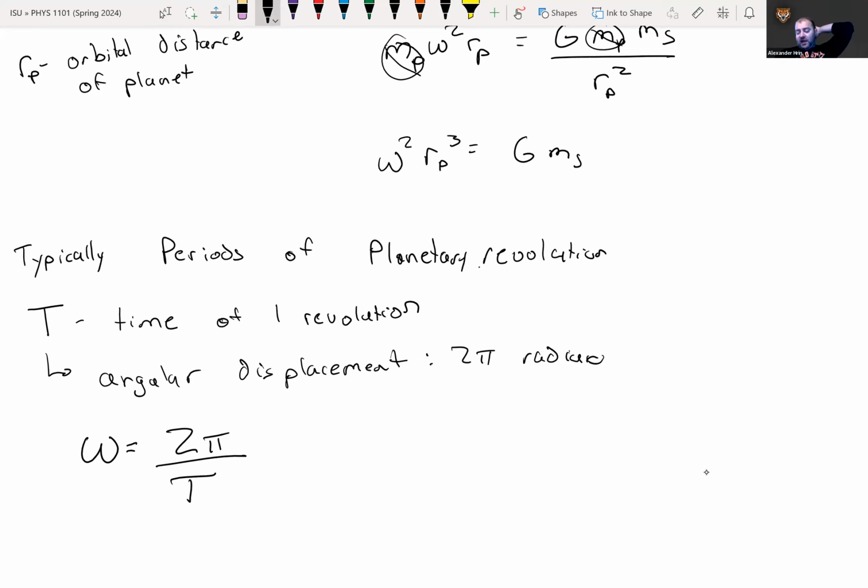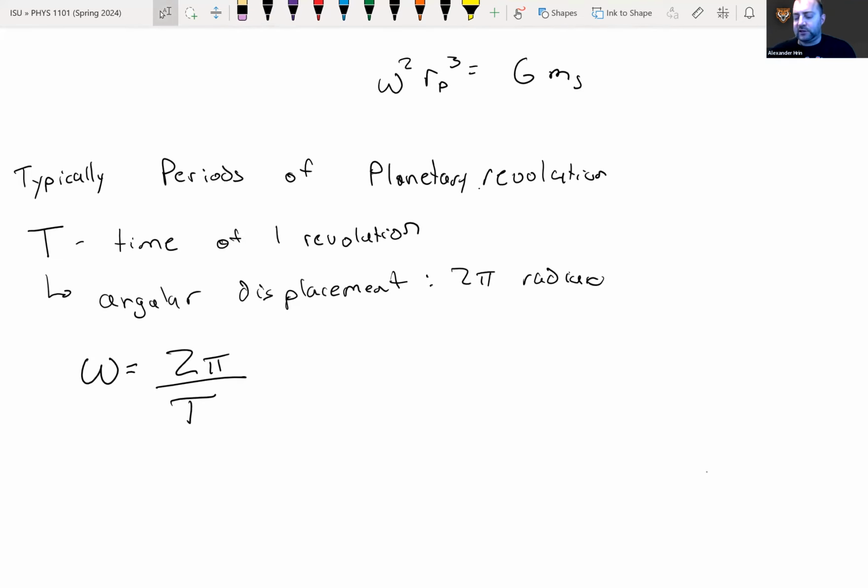And this comes back to things that we can measure about planets and things that were well known by astronomers. So subbing this in, we get 4 pi squared over T of the planet squared times the radius of the planet cubed is equal to G times the mass of the sun.